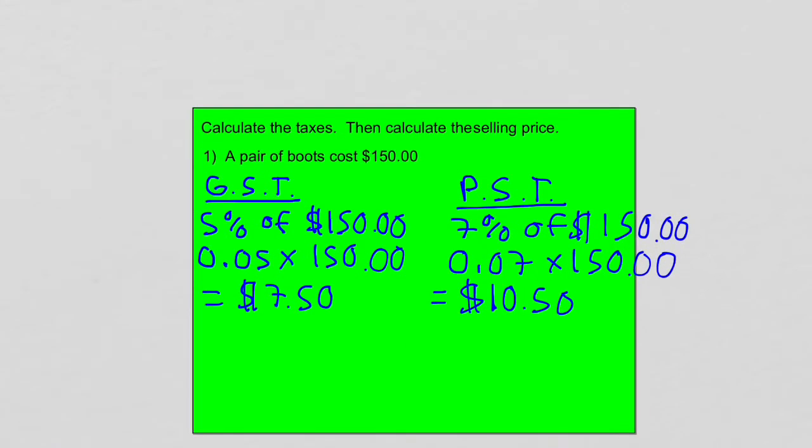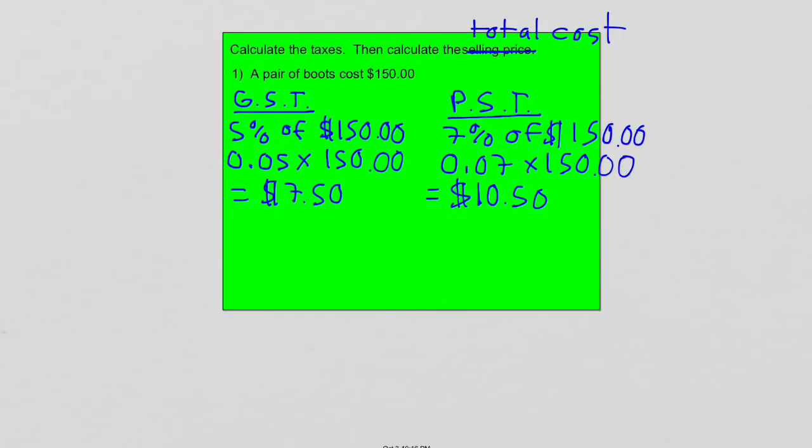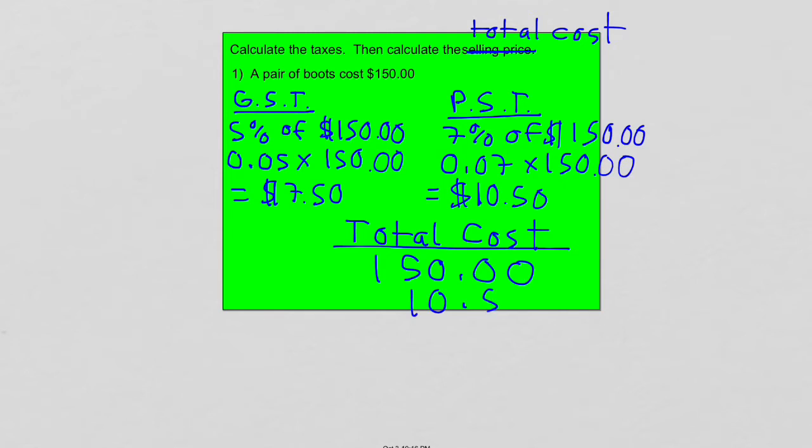Now I realize my instructions are sort of wrong here. I said calculate the selling price, but really you're calculating the total cost, right? So I should clarify that. To get the total cost now, you add up your selling price and your taxes. So you're going to add up $150 and $10.50 and $7.50.